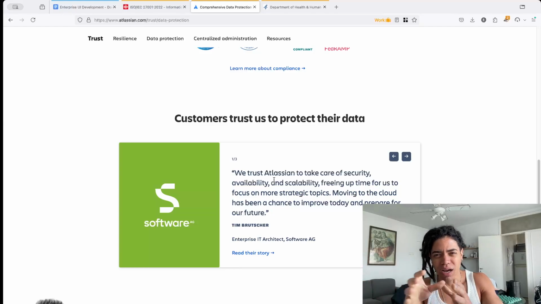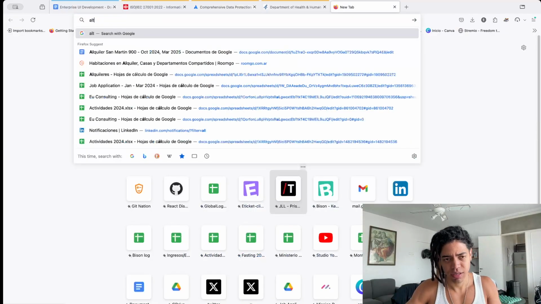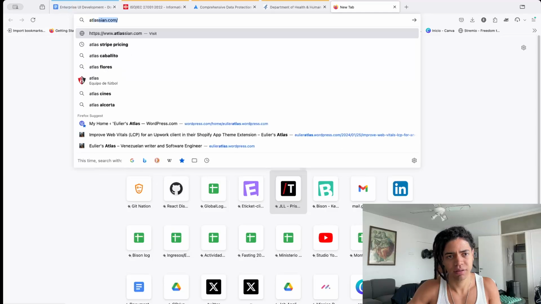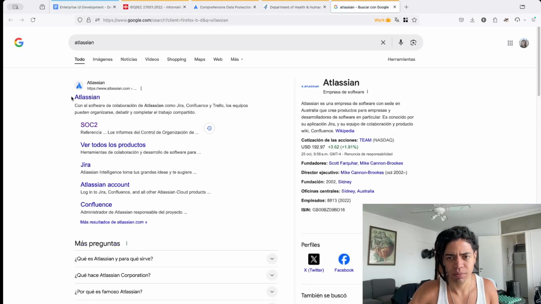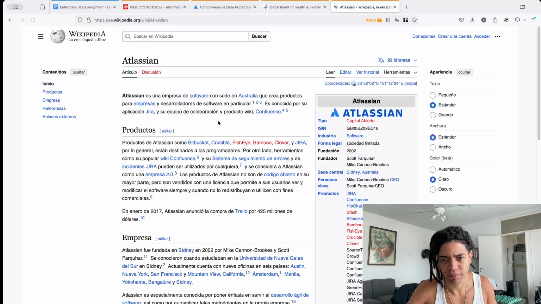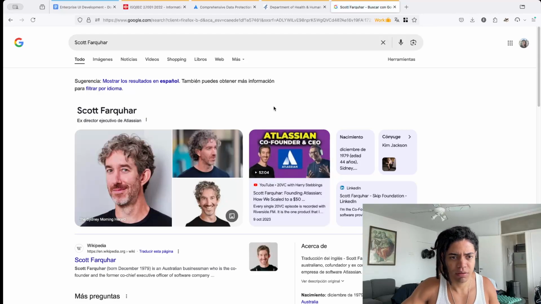So regardless of where you are geographically located, you can now use this. And Atlassian, that'll be a very interesting name to describe. Why Atlassian? It was founded in Sydney. Scott Farquhar.